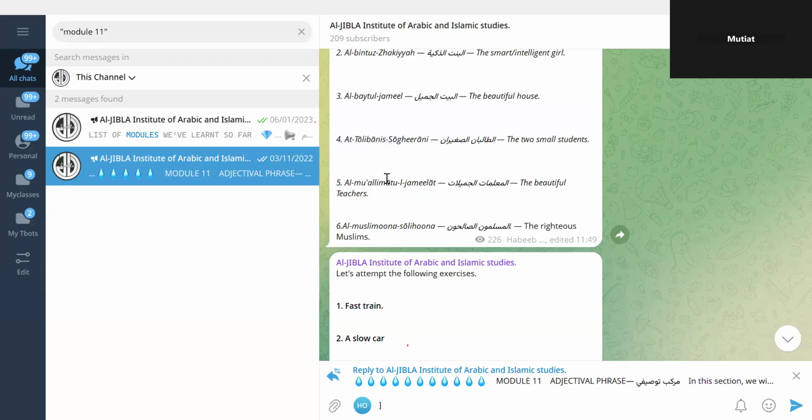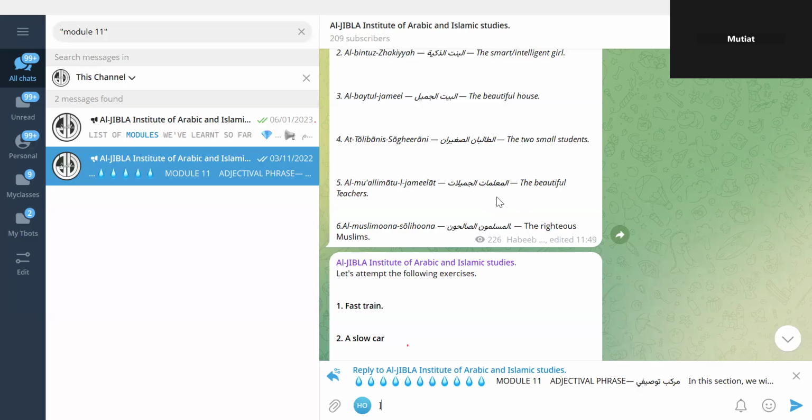Or you can put it together. الطالبان الصغيران. All right. Now, the next one. المعلمات الجميلات. Al-muallimatu al-jamilatu.